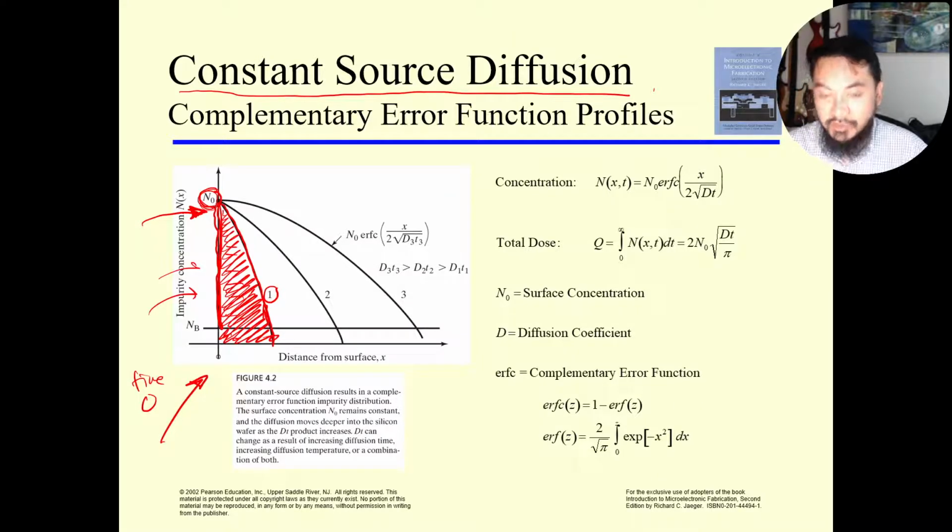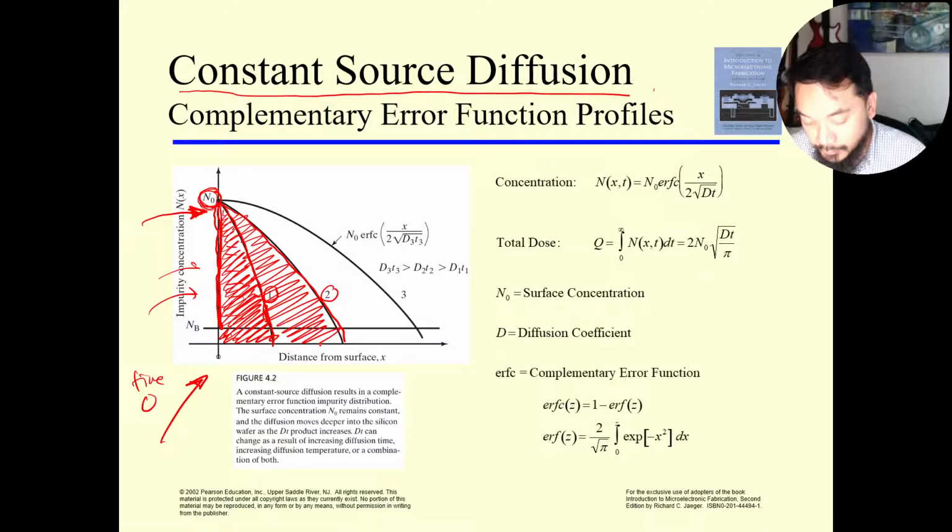As you increase the time of diffusion to 2 hours, more and more impurity atoms start to diffuse deeper inside. Let's say this is your junction. The deeper you go, the lower the impurity atom concentration.